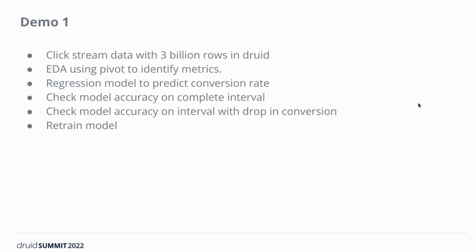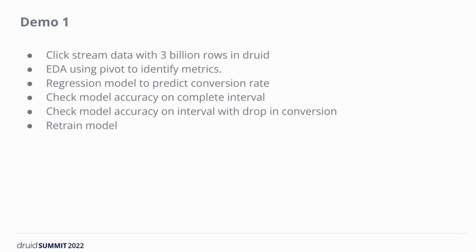The first demo here is using a clickstream dataset with 3 billion rows in Druid. I'm going to be using Imply's hosted offering called Polaris, which is a hosted offering for Druid. I'll look at brief exploratory data analytics using Pivot in this particular use case. In the next demo, I want to show you EDA using a Jupyter Notebook.